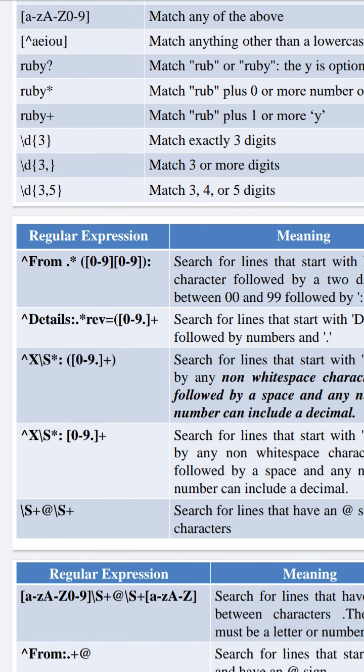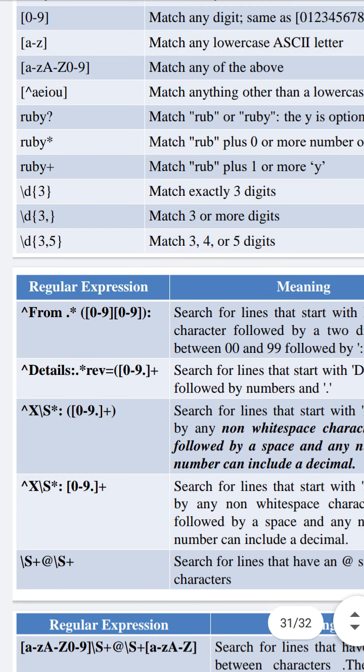Similarly, backslash d in curly brackets, if we say 3, as we studied in our earlier video, whatever count we mention in the curly brackets, it will repeat exactly that many times. We have also studied that small d indicates matching a digit. Here our intention is to match exactly 3 digits.